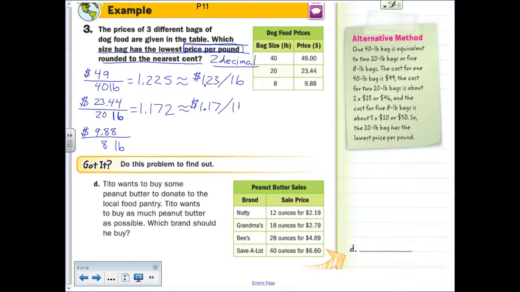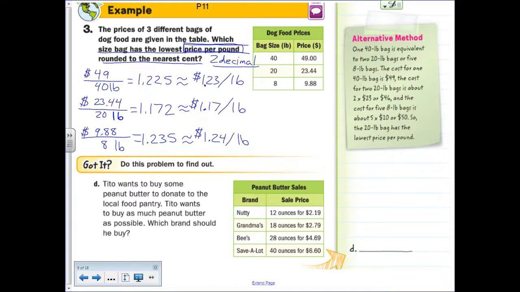$1.17 per pound. And then I take my $9.88 and divide that by 8. And that comes out to 1.235, or approximately $1.24 per pound.